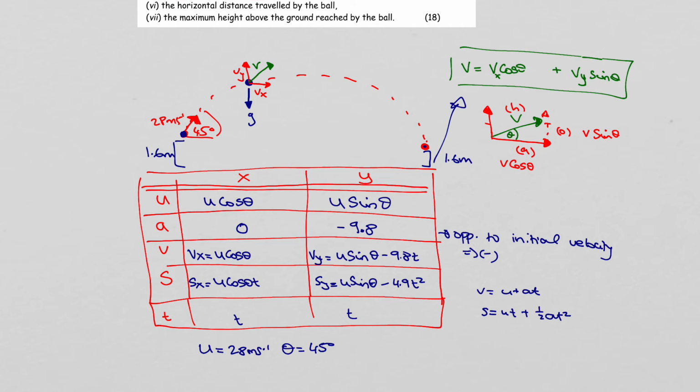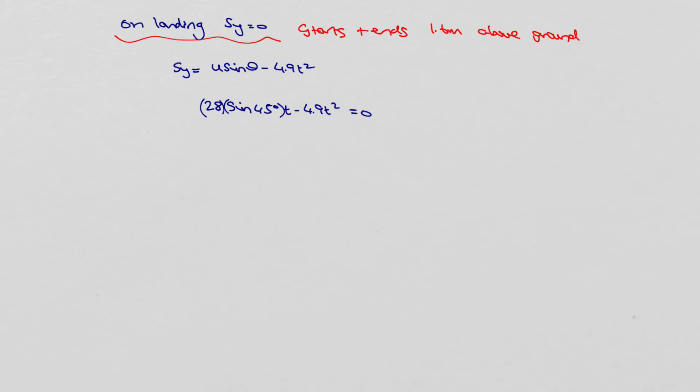So that's u sine theta t, sorry. Okay, so we can see t is common. So if I take out t as being common, that leaves me with 28 times sine 45 is 1 over root 2 minus 4.9t equals 0. And that means that t must equal 0, so that would be at the start.